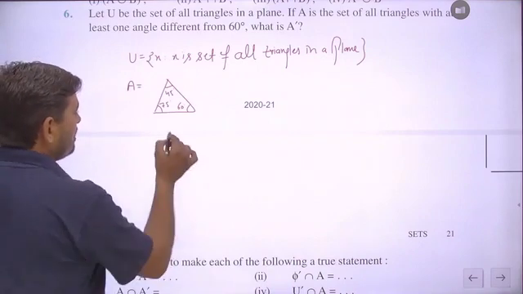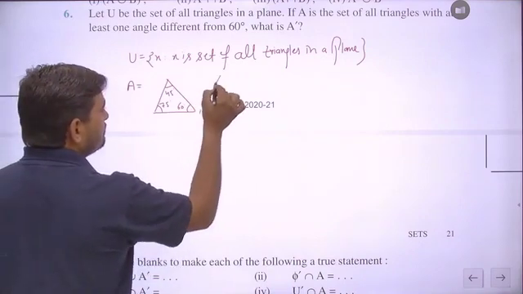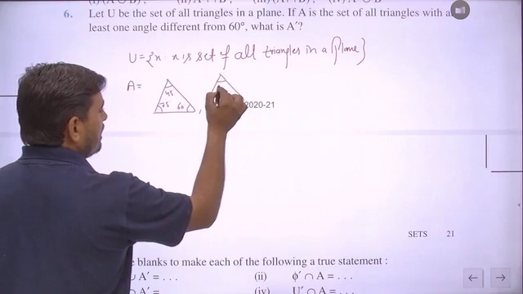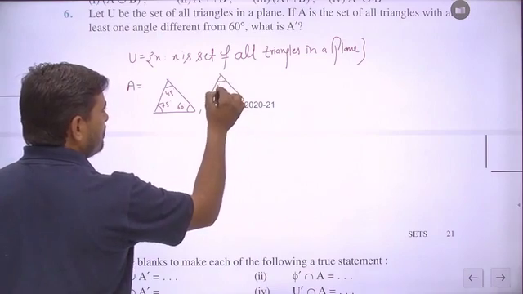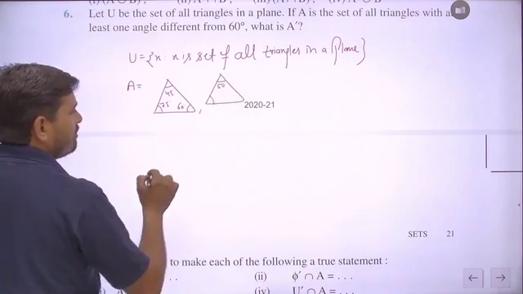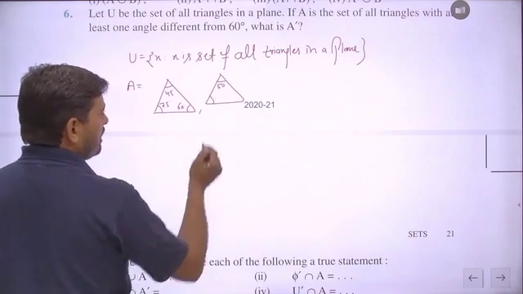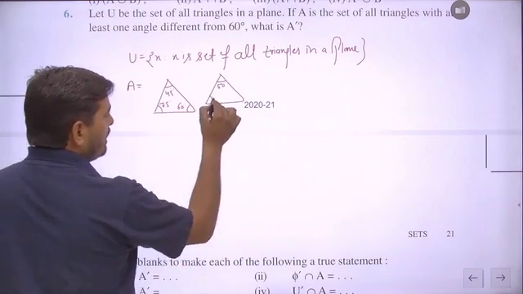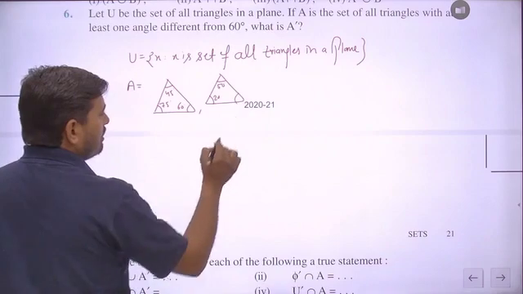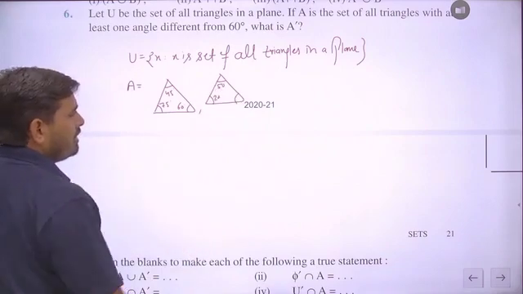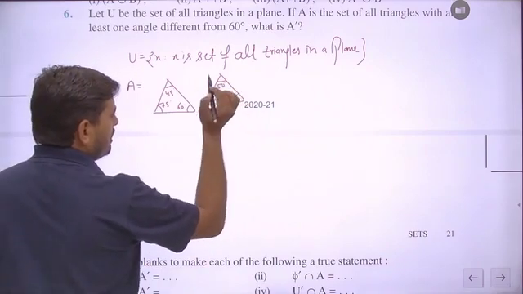Sometimes you can take this type of triangle also. Suppose any angle is 50 degrees, then you can take another angle as 20 degrees, and suppose this is 70, then you can take 110 degrees. Is it to be clear?